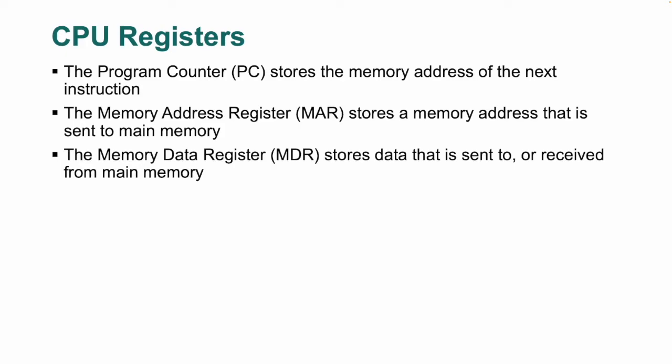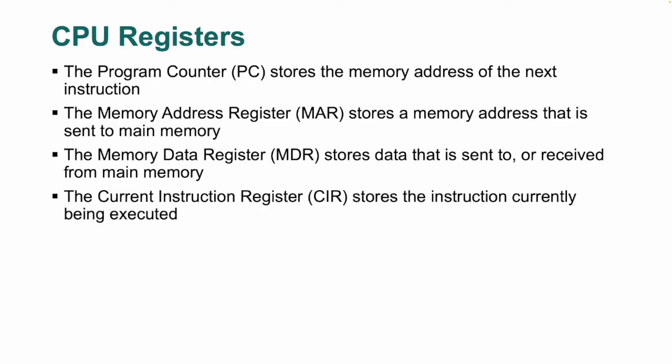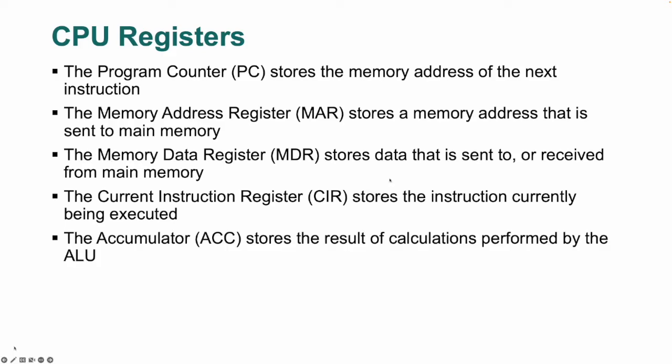We didn't see an example of the CPU sending data to main memory, but it absolutely does happen. If you consider operations where we just want to load something or save something, that's when the MDR would send data to main memory. We had the current instruction register, the CIR, that stores the instruction that's currently being executed. And finally, we had the accumulator, our general purpose register, which stores the result of calculations performed by the ALU.